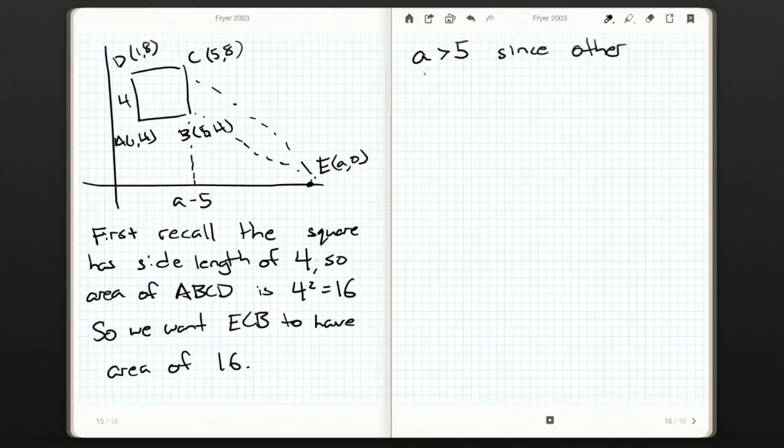So first, let's notice that a is going to be greater than 5. So a minus 5 will be positive. All right, we can draw just little sort of pictures like this.